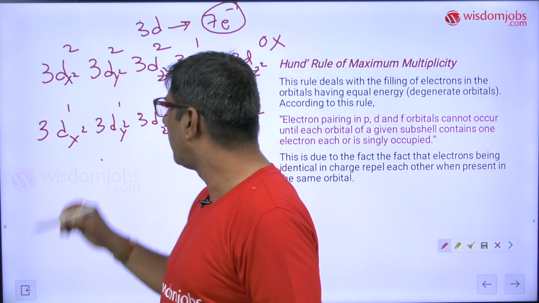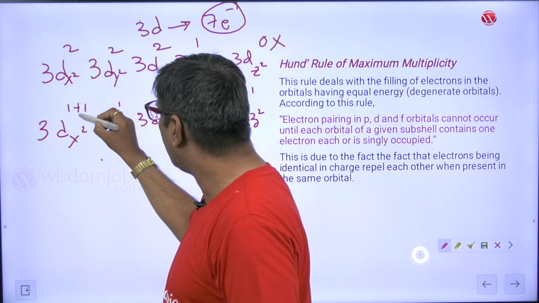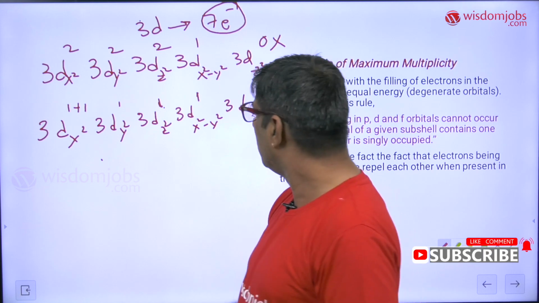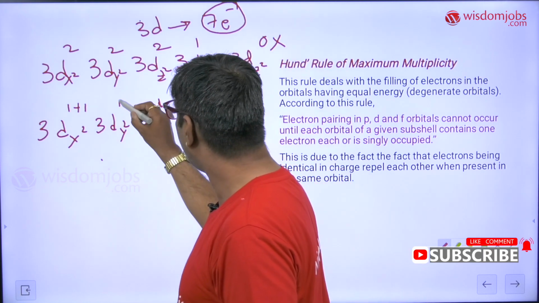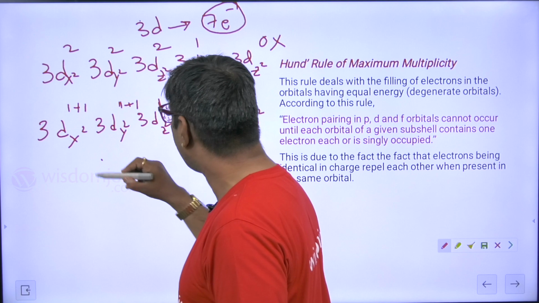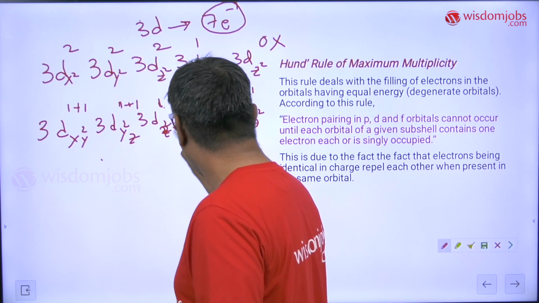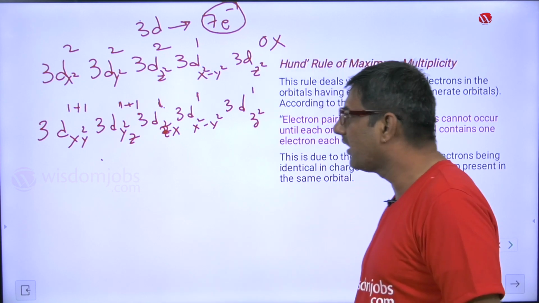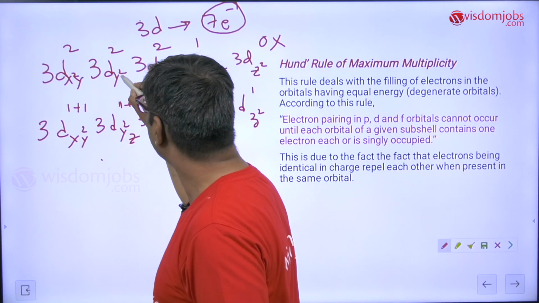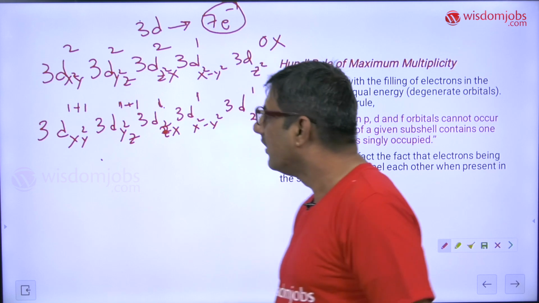In these 2 electrons, I'll give the first orbital 1 and the second orbital 1. Actually this is xy, yz and zx, and lastly x²−y² and z².